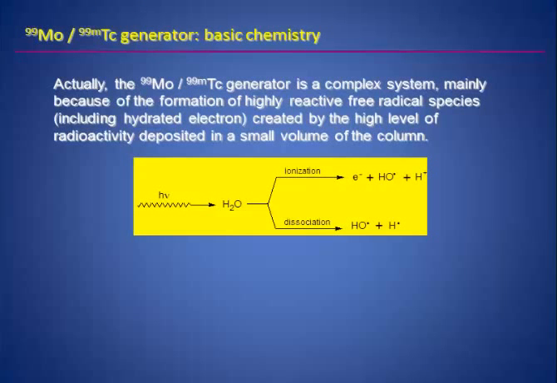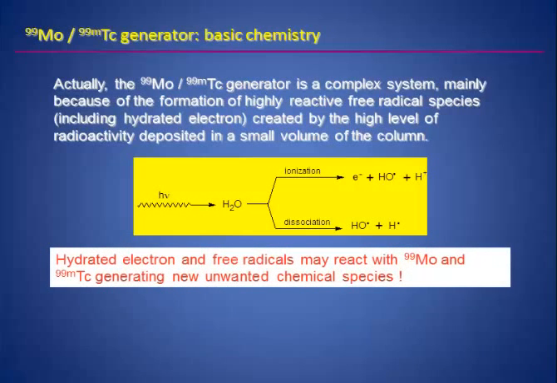The most important point is that the technetium generator is a very complex system, with high radiation giving high energy, which will create radioactive species that react with water molecules, H2O, giving species like hydroxide, hydrogen, electron, and so on.